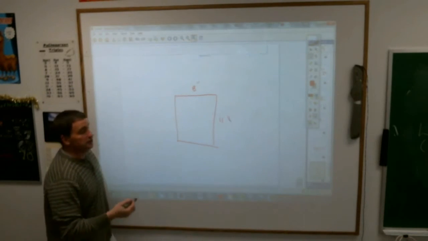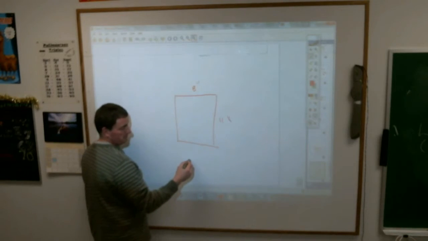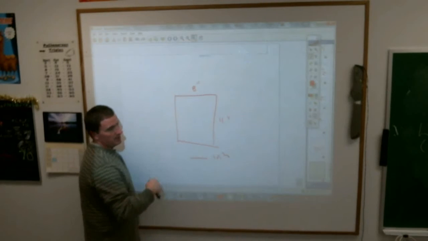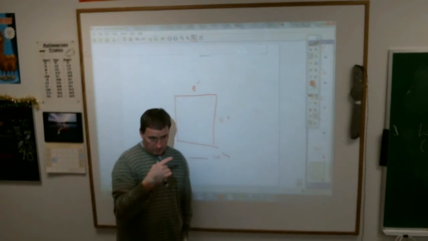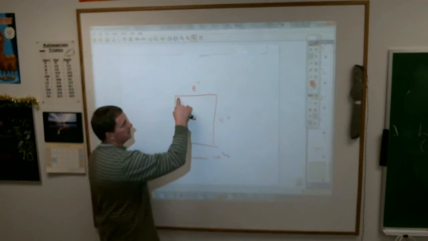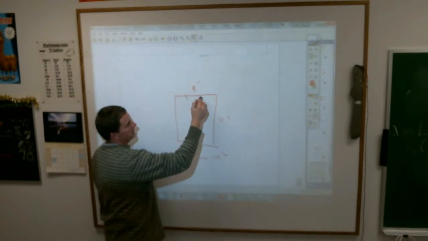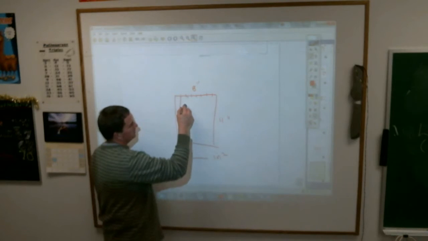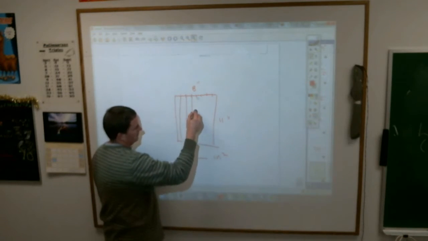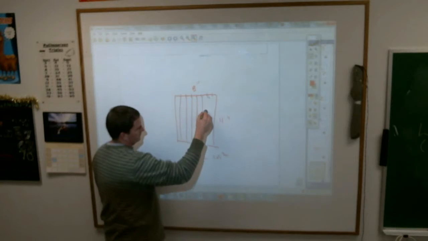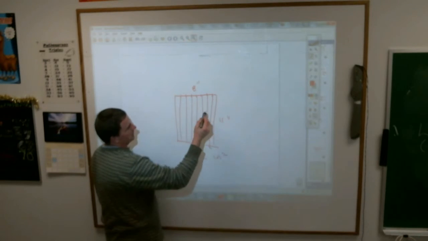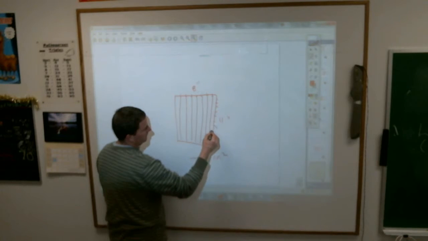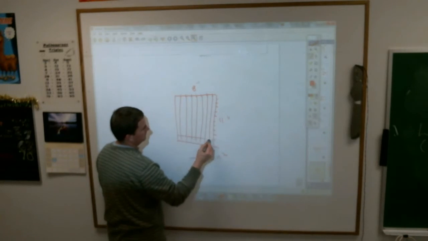If I asked you in square inches how many inches squared your piece of paper is, you could spend your life drawing all these squares. In other words, you could cut this into 8, going 8 inches this way, straight down, straight down, and then you could cut it into 11 this way: 1, 2, 3, 4, 5, 6, 7, 8, 9, 10, 11.